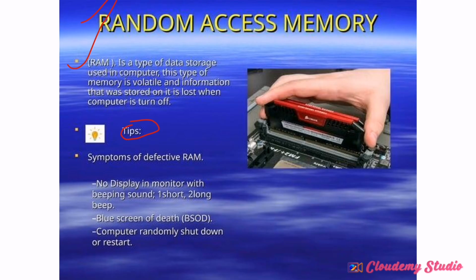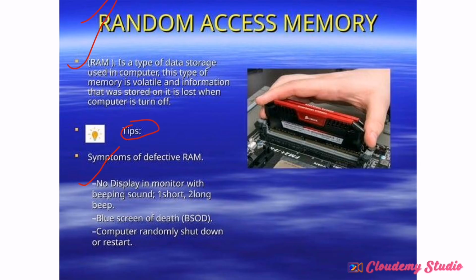One short or two long beeps. That's the point, so it must have the beep. So no display on the monitor with beeping sound, one short or two long beeps. Once you hear those beeps, definitely you know that the problem is with the RAM.